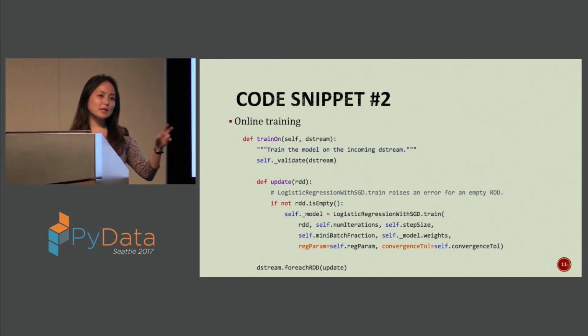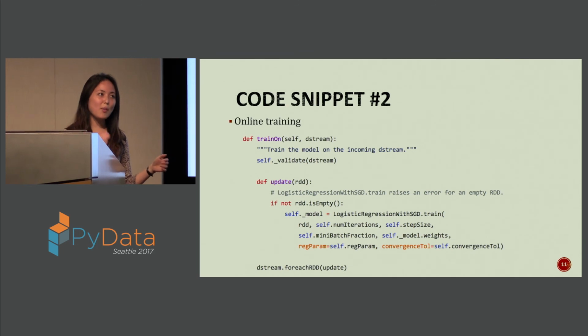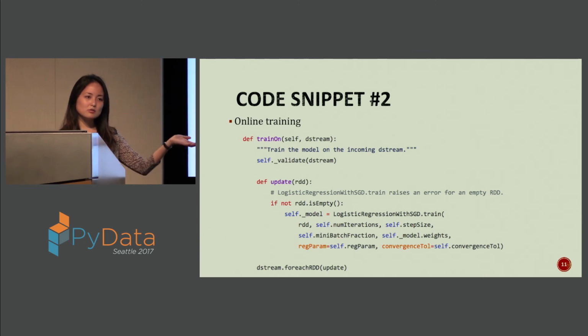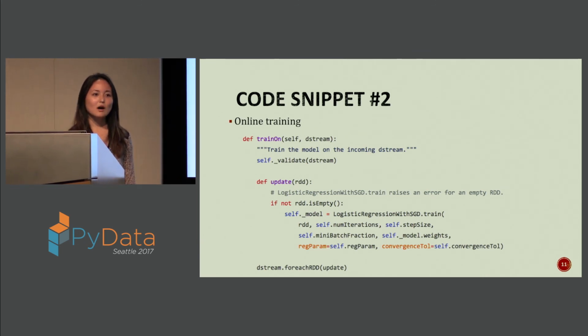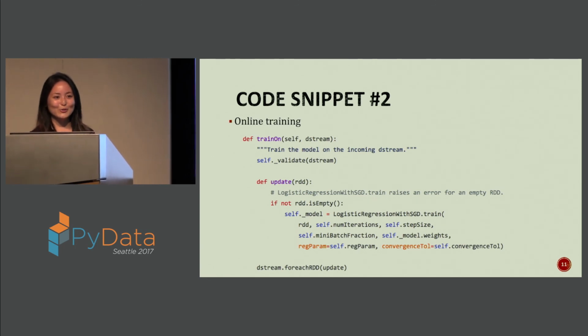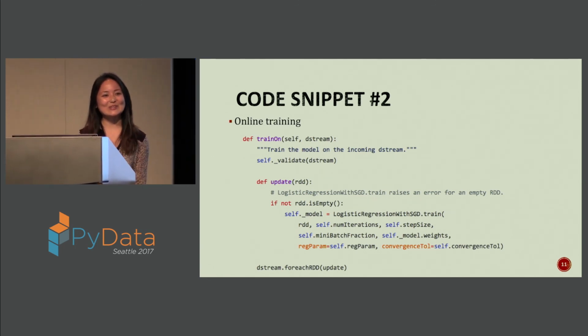That's what makes it online: you can act upon every single data point. With that being said, I think scikit-learn will definitely have stochastic gradient descent implemented, although I don't usually use it, so I can't say for sure.